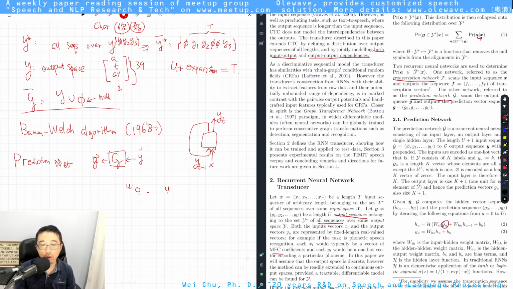You do not know anything beyond this point, for instance u plus 1 up to capital U. In the inference you haven't got them yet, because the decoding is also left to right, an autoregressive decoder.